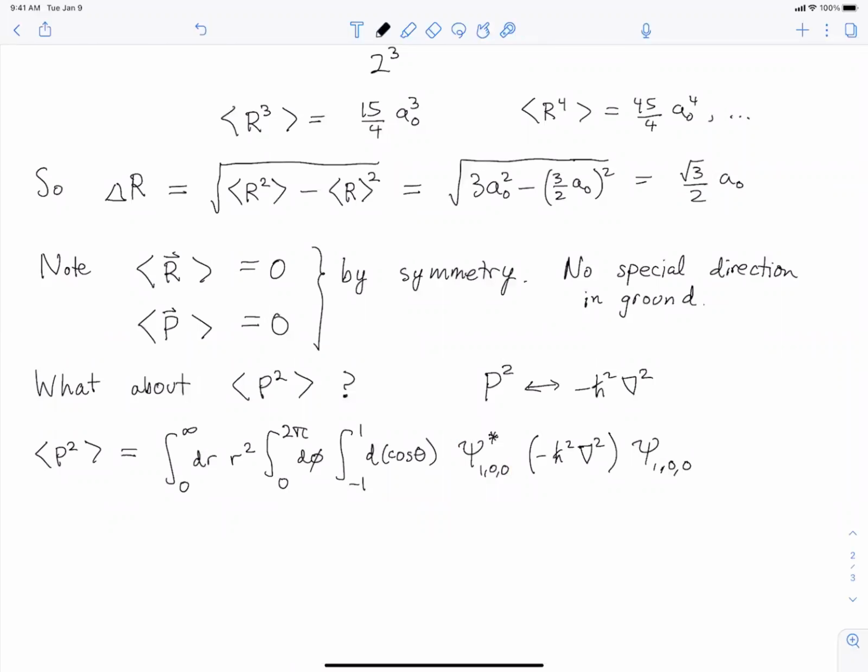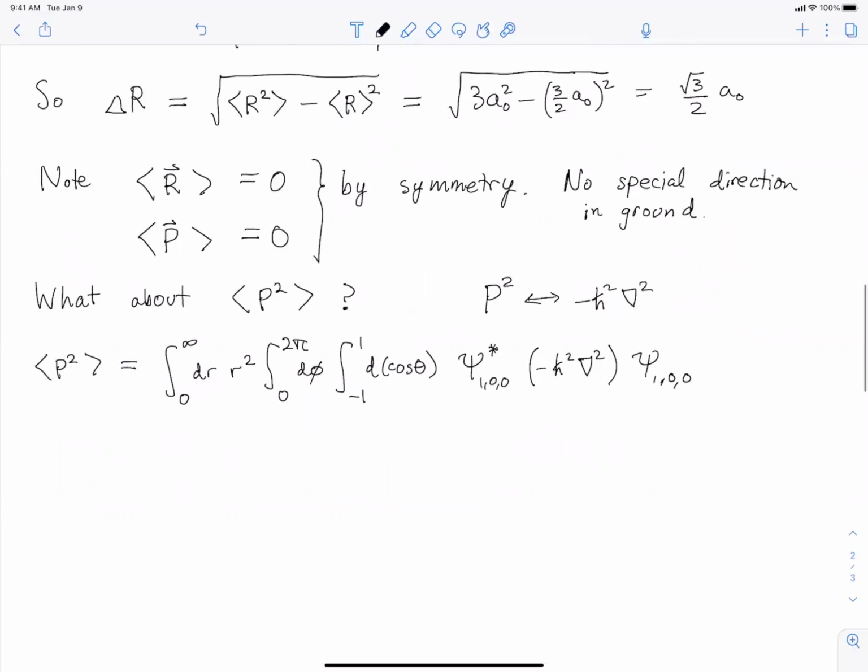So now we just have to plug in these things, and we remember the wave function of the ground state is 1 over the square root of pi Bohr radius cubed, e to the minus r over Bohr radius. And so then we have to plug that in here too.